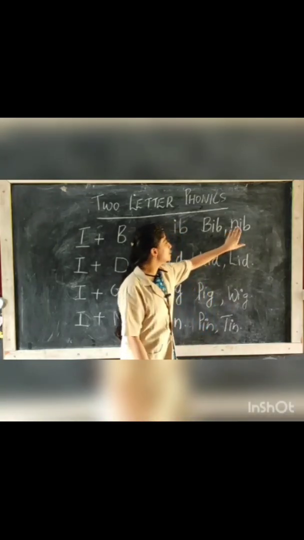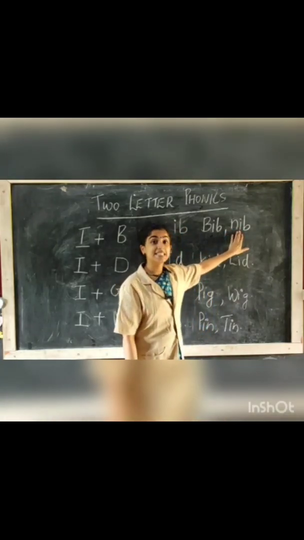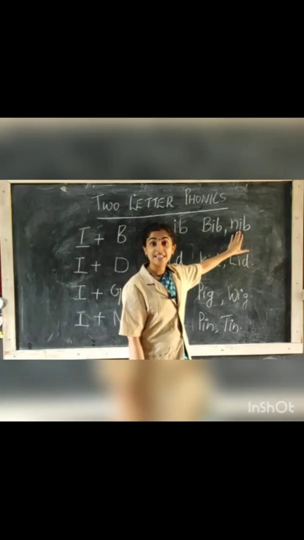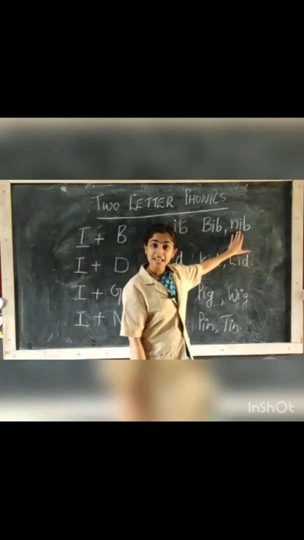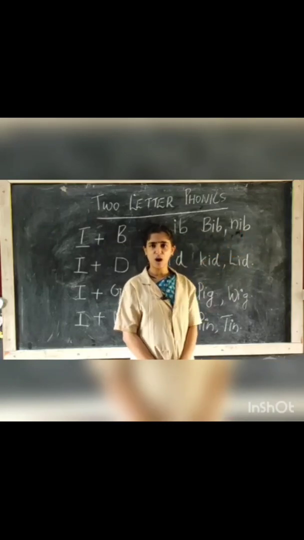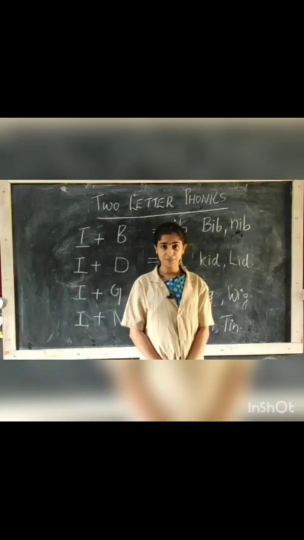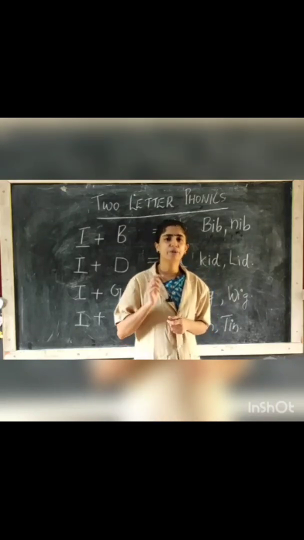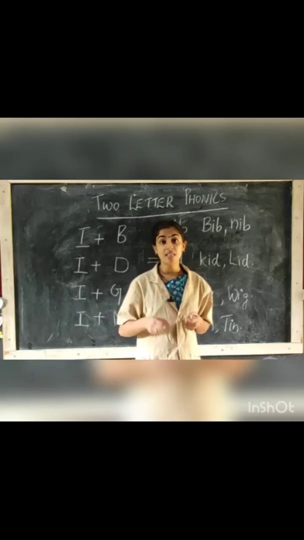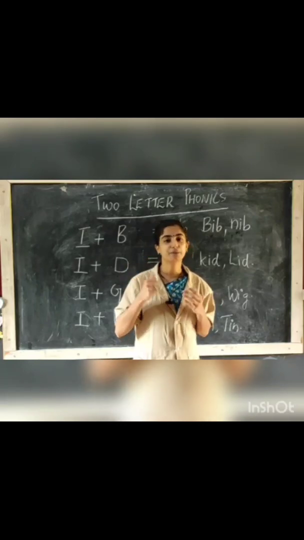Okay, now what is the second example? The second example is neeb. What is it? Neeb. How can we make the sentence with it? Yes, the neeb is cheap. The neeb is cheap.